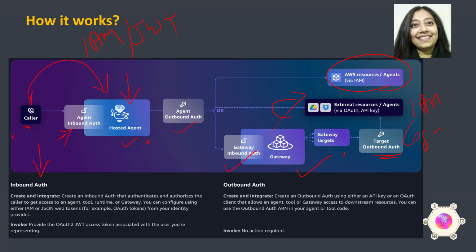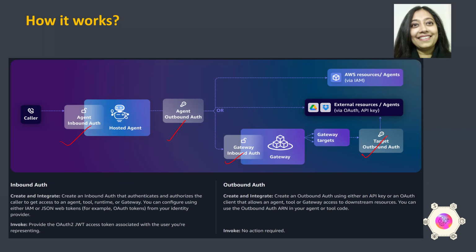One is inbound authentication and authorization, and the other one is outbound. So outbound and inbound. It's totally up to you which provider you want to use. You want to use OAuth tokens, you want to use API keys.